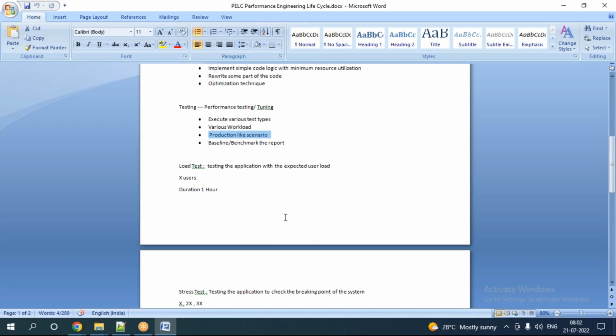So you are logging into the application, searching for the product, selecting the product, and then adding to the cart, and then doing the payment, and then completing the order. Okay, so this is a process. Any retail-based application, this is a process, right?